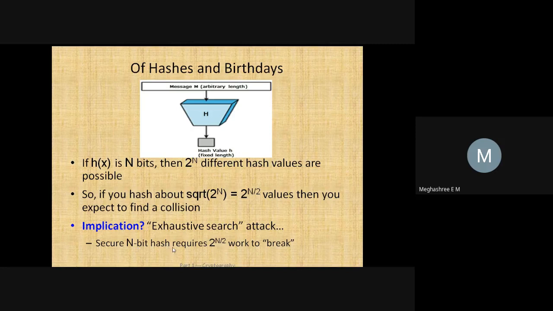So the output bit length should be large enough so that even though the attacker performs the exhaustive search, he may not be able to try out all the possible comparisons. This can be done if n bits are long enough. Fine. I hope this is clear to everyone.